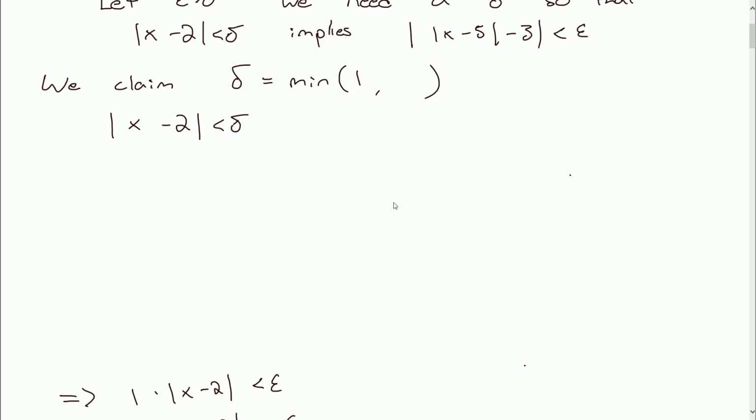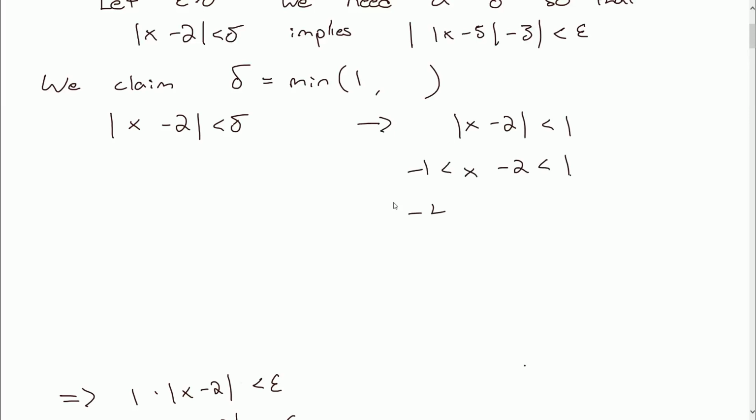Okay? So we've got two sorts of things going on here. So |x - 2| less than delta, well, that'll be |x - 2| is less than 1, because delta being the minimum of 1 and something will always be less than or equal to 1. And so then we had this.